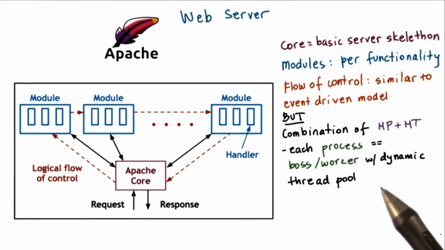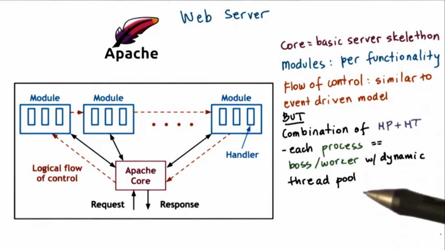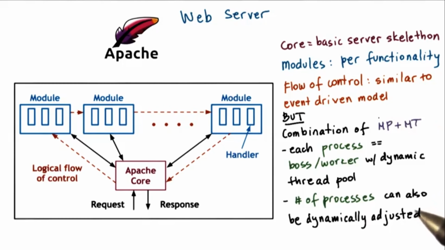There are some configurable thresholds that can be used to dynamically track when to increase or decrease the number of threads in the pool. The total number of processes, so the MP part of the model, can also be dynamically adjusted. And for these, it's information such as the number of outstanding connections, the number of pending requests, and CPU usage. A number of factors can drive how the number of threads per process and the total number of processes are adjusted.